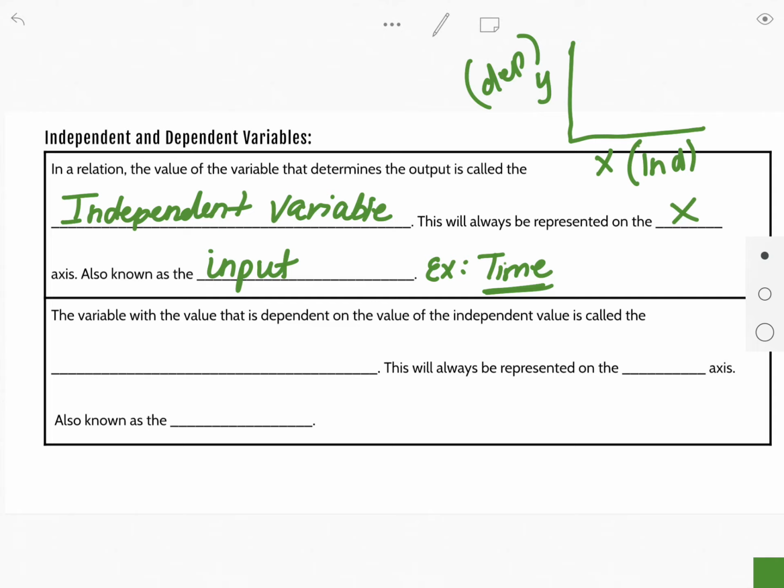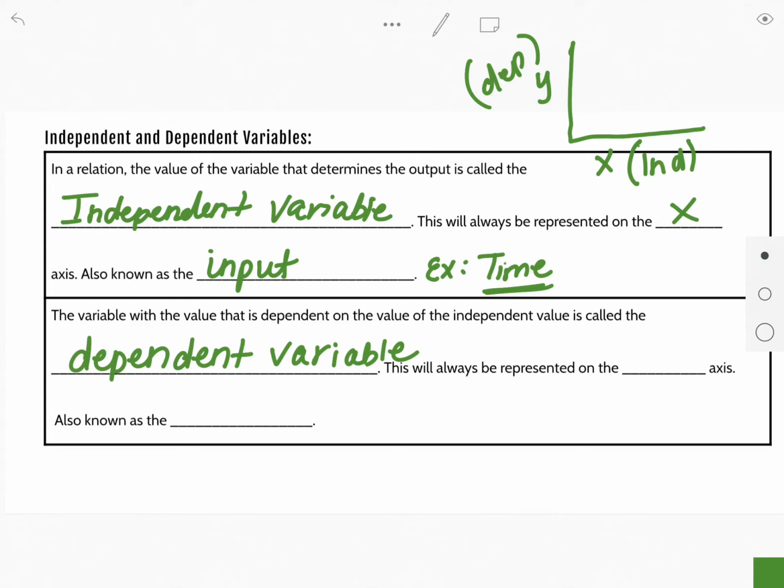It says the variable with the value that is dependent on the value of the independent value is called the dependent variable. I know when I read that, it makes absolutely no sense, and it sounds like we're just repeating words. But the thing you need to know is the independent variable is the thing that stands alone, and then the dependent variable is determined based on what the independent variable does.